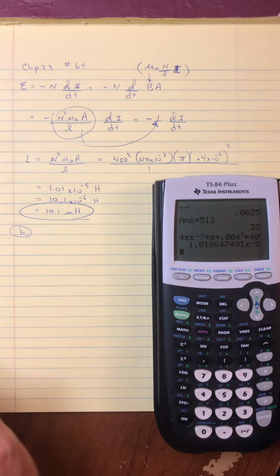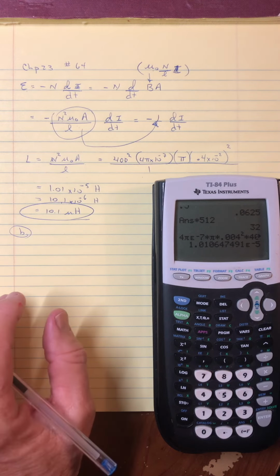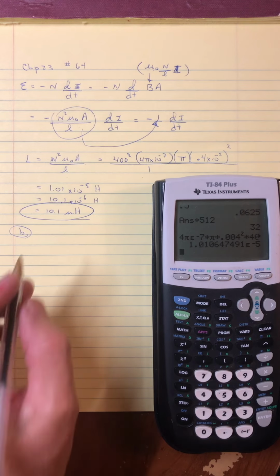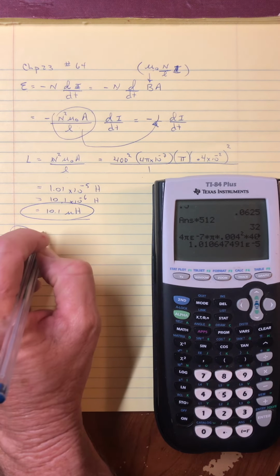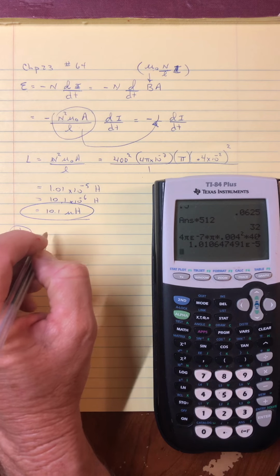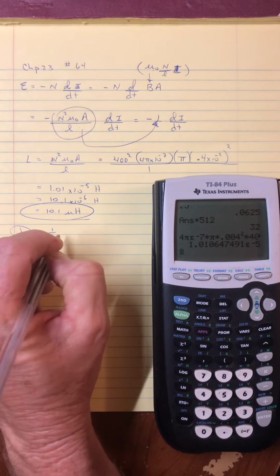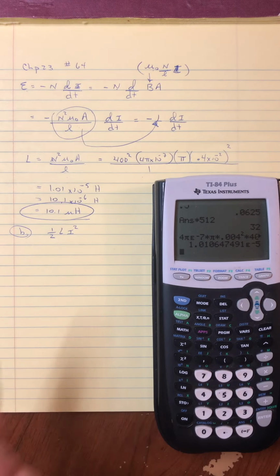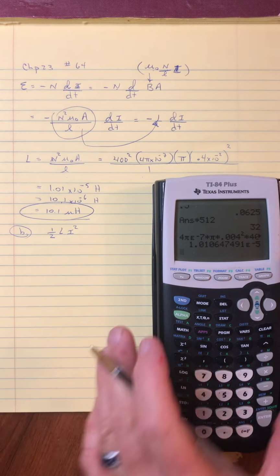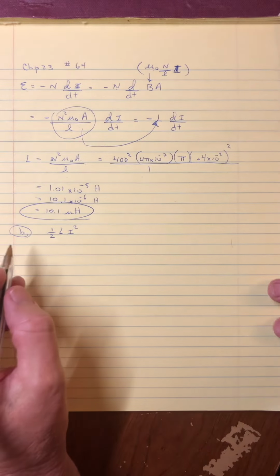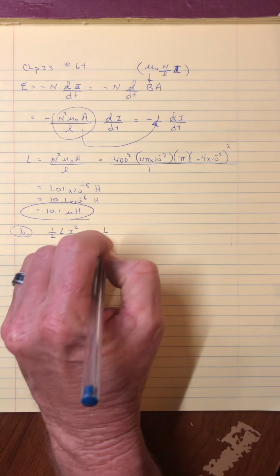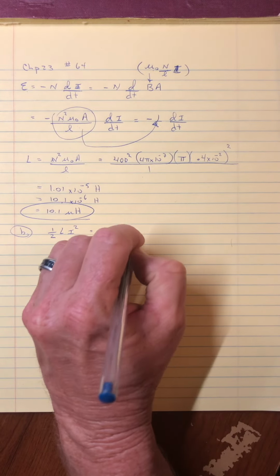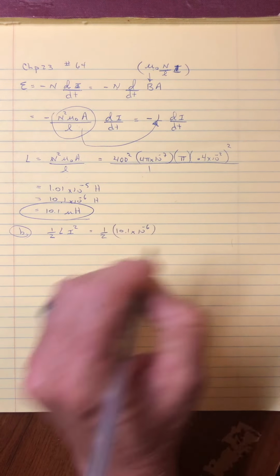Okay. Then part B goes on to say how much energy is stored in them. And so the energy is this 1/2 Li squared that we derived with the inductor. And then we even used it today in our chapter 34. But this would be then 1/2, and I can put in my inductance now, 10.1 times 10 to the minus 6.